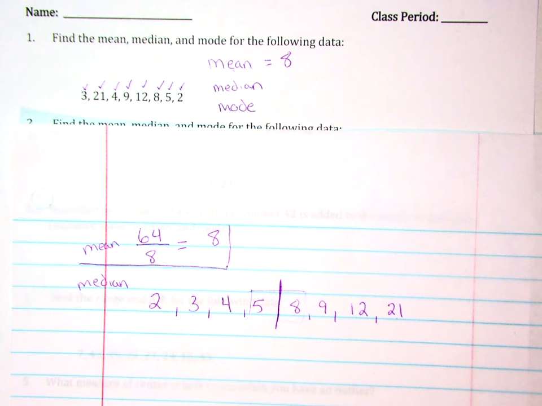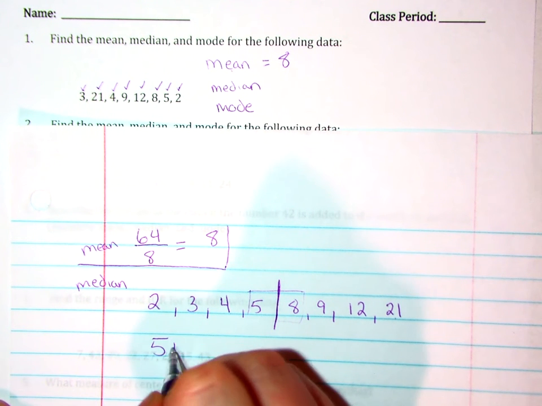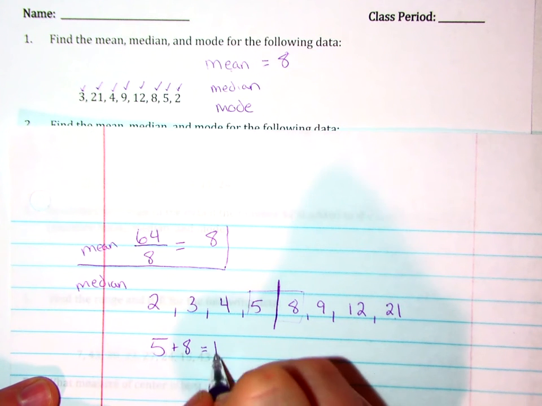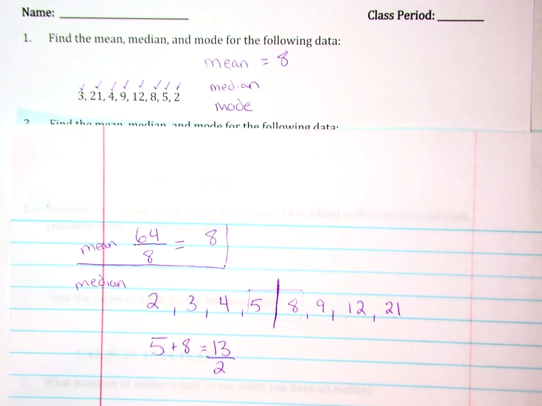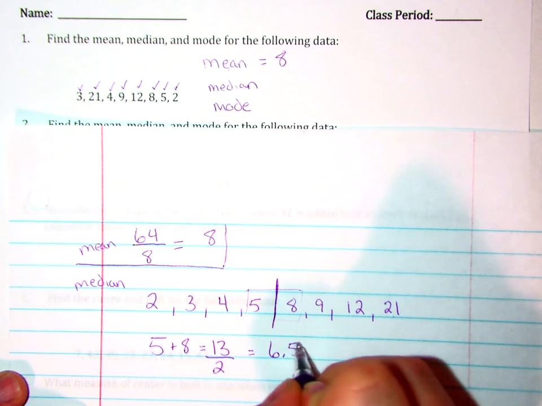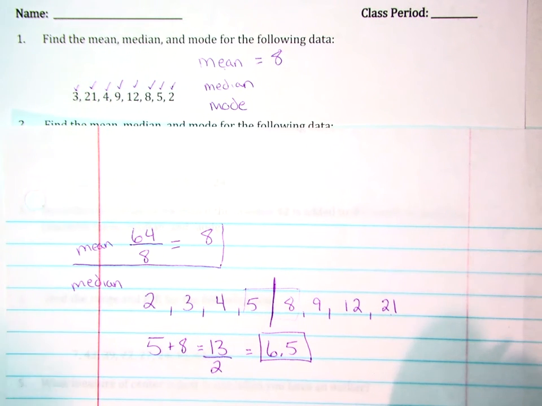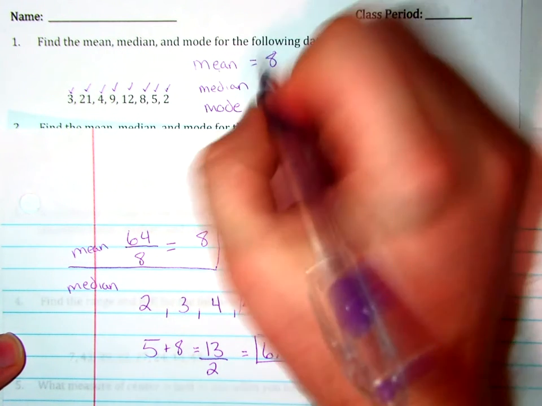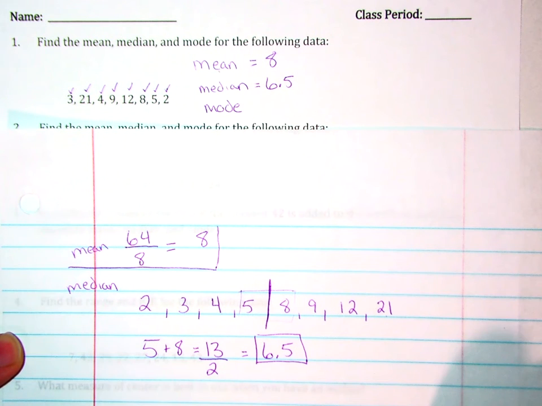So 5 plus 8 equals 13 divided by 2 equals 6.5. So now again, I have shown my work sufficiently. My median is 6.5.